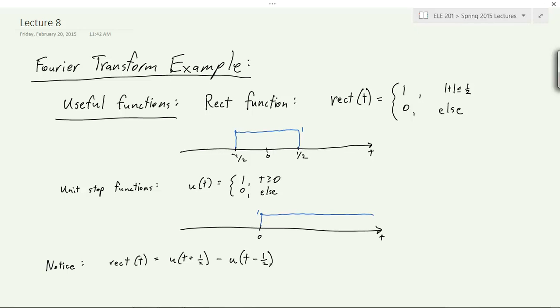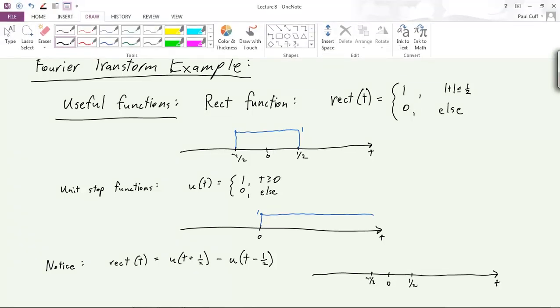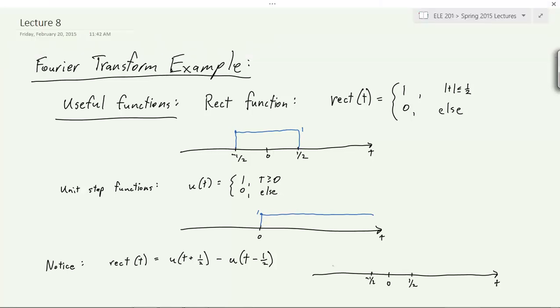Okay, so what is this? If we graph this over here, here's t. The first term is simply, let's put 0, let's put minus a half. So what we have are a unit step function, the first one shifted to the left by a half.